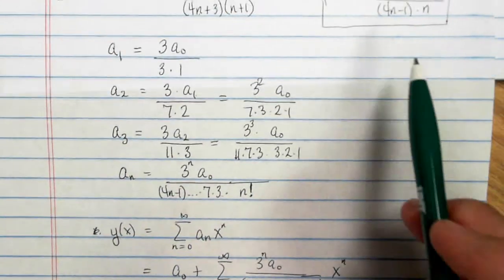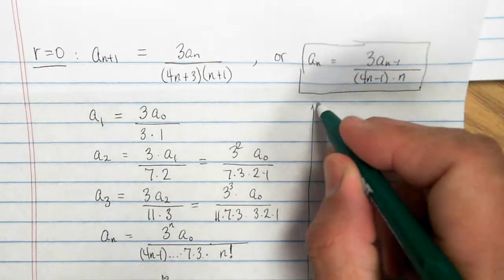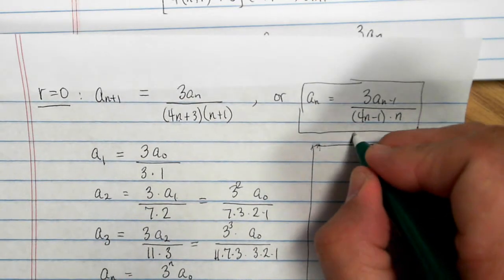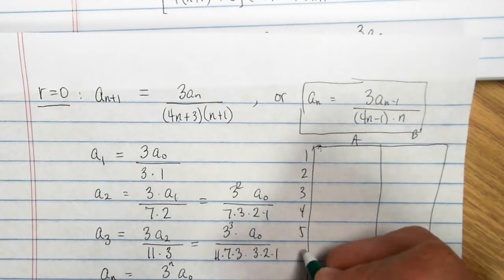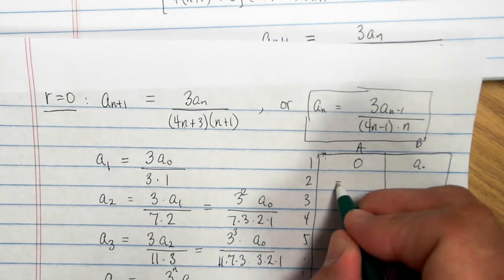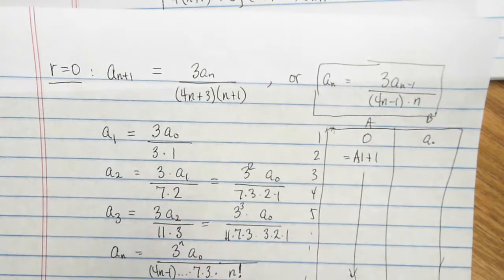Before I let this go, let's talk about how this could be programmed in Excel. So this one's not so bad. It's fairly short. So if we have A, B, and that's row 1, 2, 3, 4, 5, and so on. Okay, a sub 0 would go here. That's the 0 term. So a sub 1 plus 1, and then fill down.